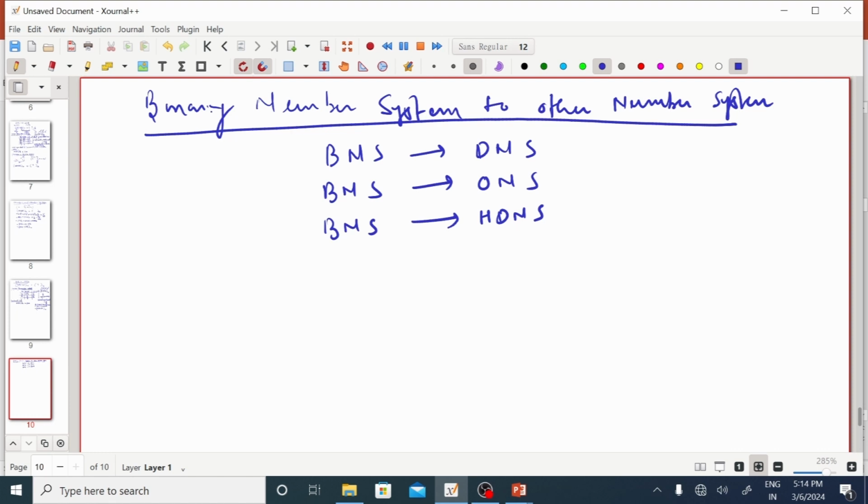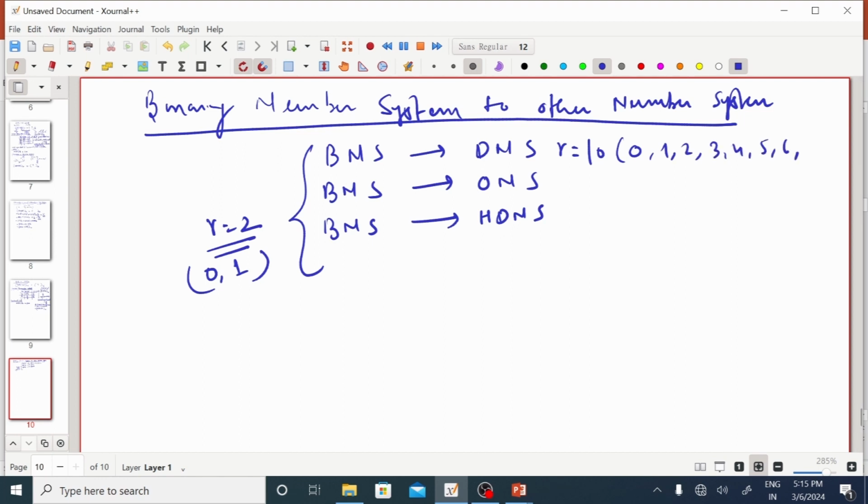Here we will discuss how we convert. In the binary number system the base is 2, means only the bits 0 and 1 are used to represent a number. And in the decimal number system the base is R equal to 10, means 0, 1, 2, 3, 4, 5, 6, 7, 8 and 9, total 10 digits are used.